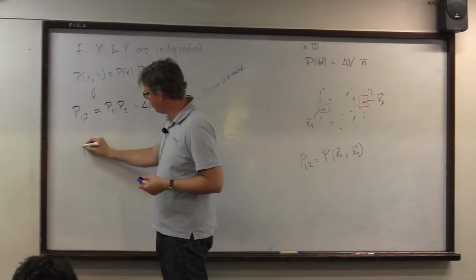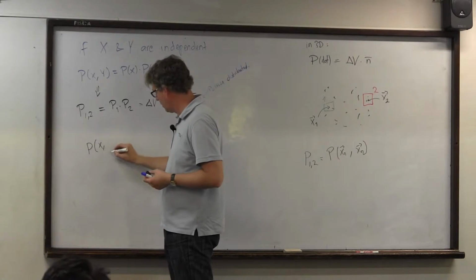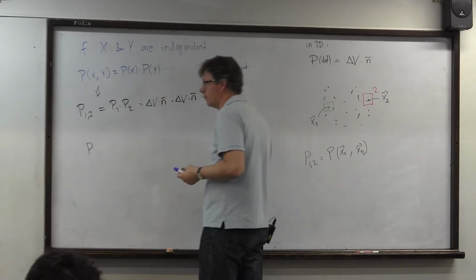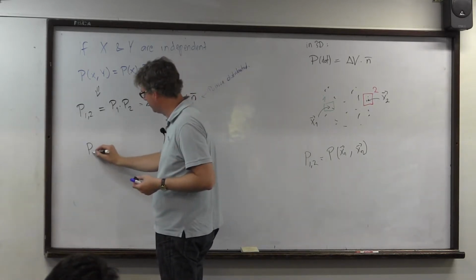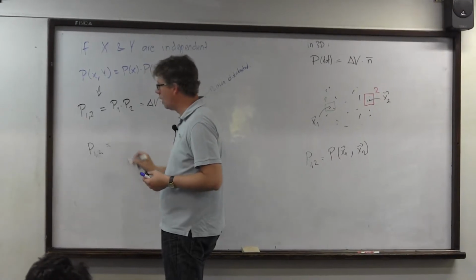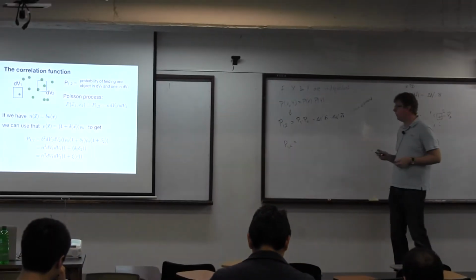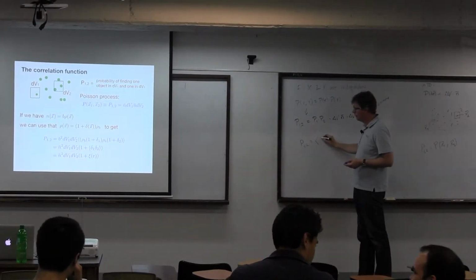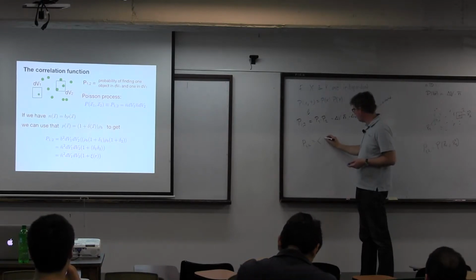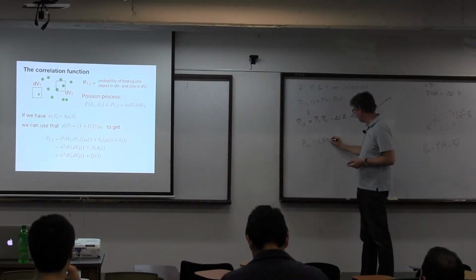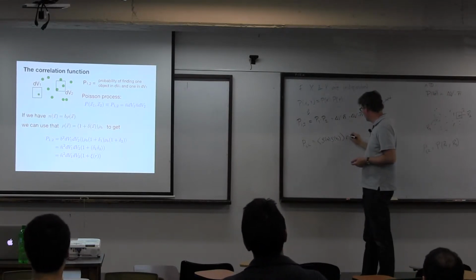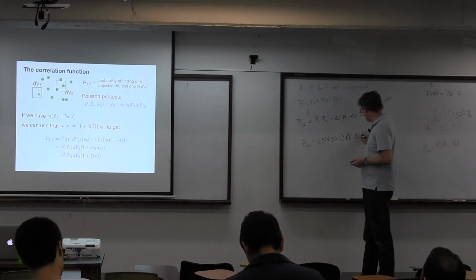And here the definition of P12 is going to be some mean of the density at one position, rho of x1, rho of x2, times delta V1 and delta V2.